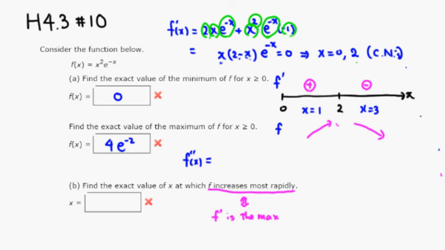The derivative of the first guy is 1, so you have 2 minus x times e to the negative x, plus the derivative of the second guy, x times negative 1 times e to the negative x, plus the first two guys, x times 2 minus x, then the derivative of e to the negative x, which is e to the negative x times negative 1.